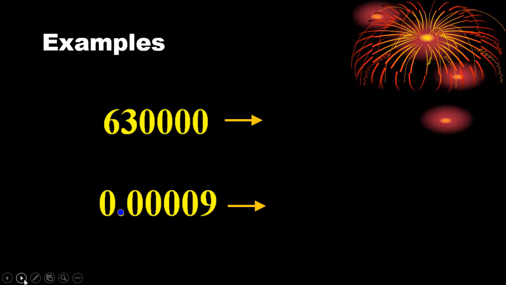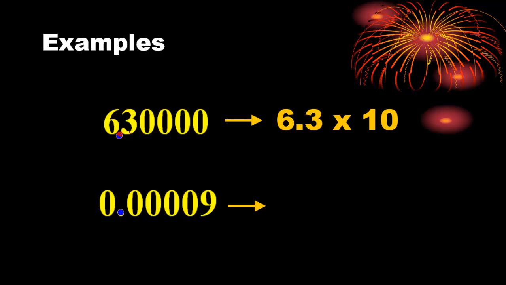So, for example, we have 630,000. Now we want to make this number a number between 1 and 10. So we are going to put in a decimal point right here. So you can see we moved it from the end and we put it into a number between 1 and 10.